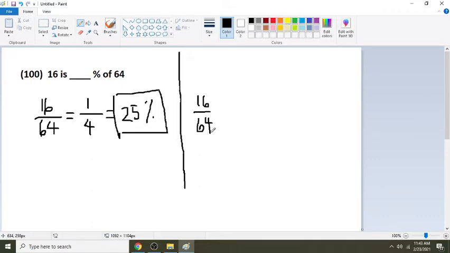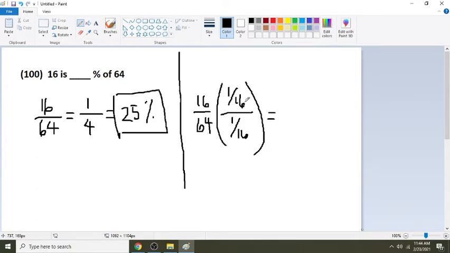You're actually multiplying this by the least common multiple of 16 and 64, which is 16. So you're actually multiplying it by 1 over 16 divided by 1 over 16, which is equal to 1, so it doesn't change the value.